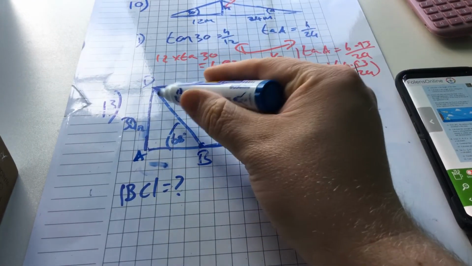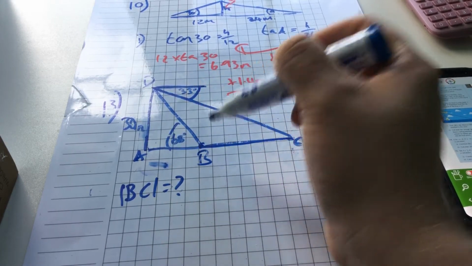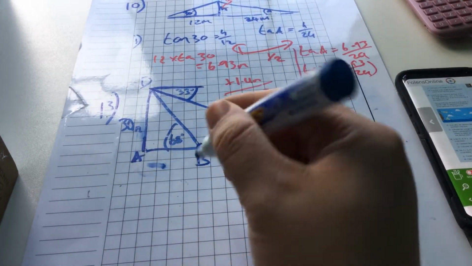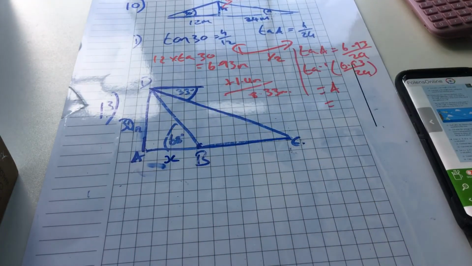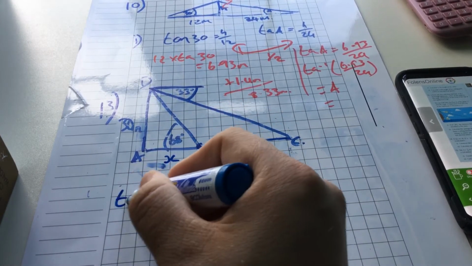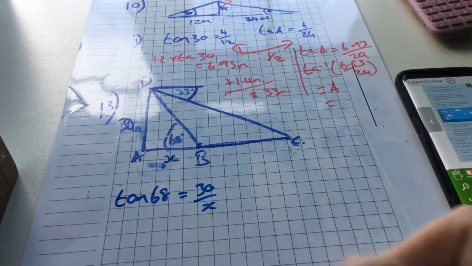So we have this triangle first. Okay. And we can use this triangle to work out the length AB. Okay. So to find out AB, I'll call it X. I'm going to be using tan. So tan of 68 equals opposite over adjacent.